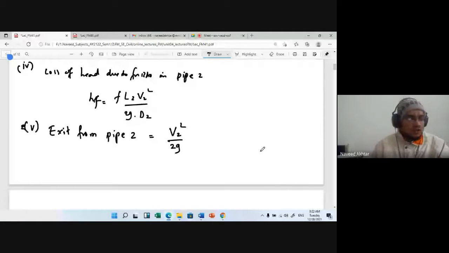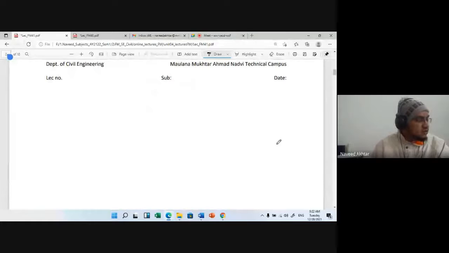Now we have to find out the friction factor. So I will write down all the terms.